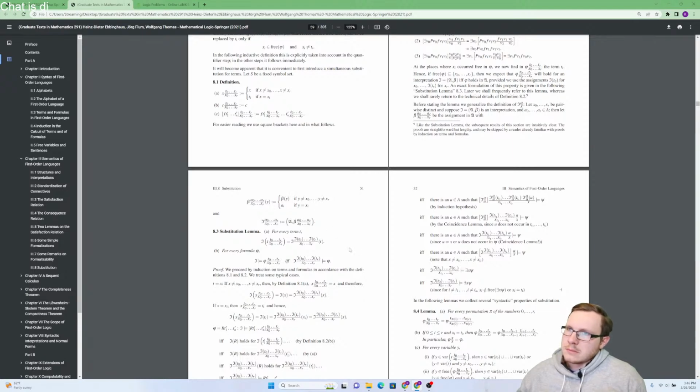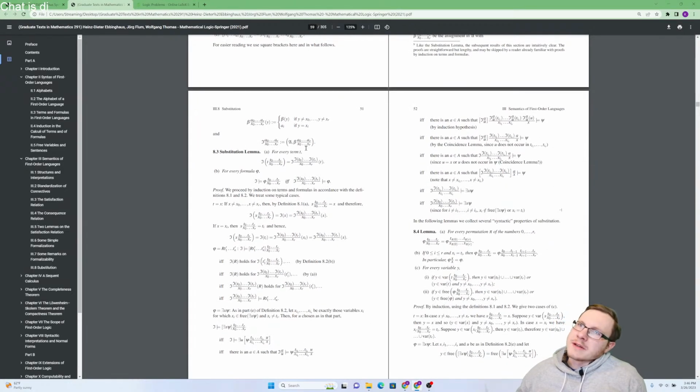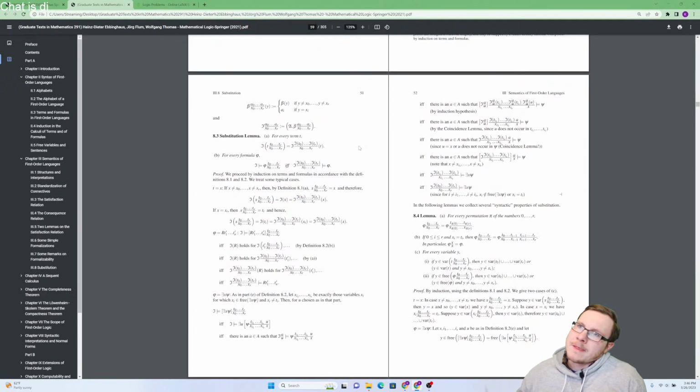Yeah. Okay. So this just generalizes substitution to multivariables. Well, I'm going to read through the substitution lemma because I have poo brain syndrome.